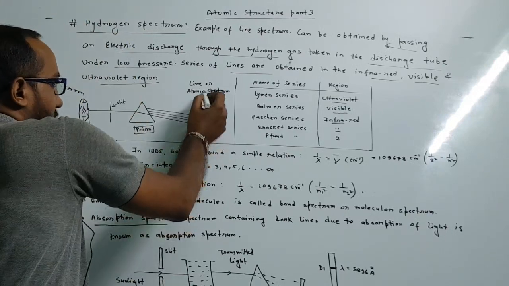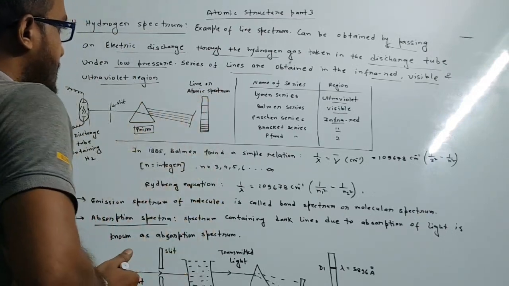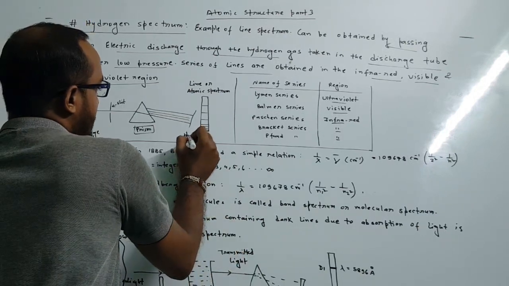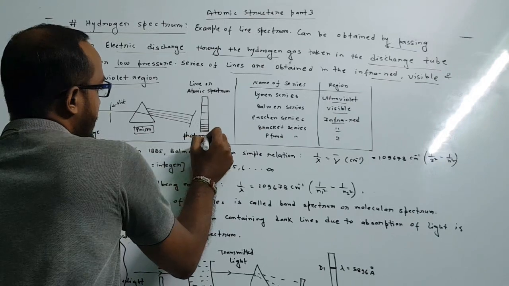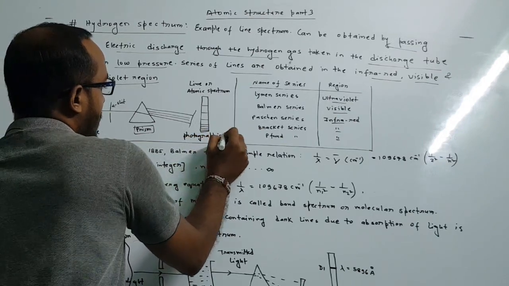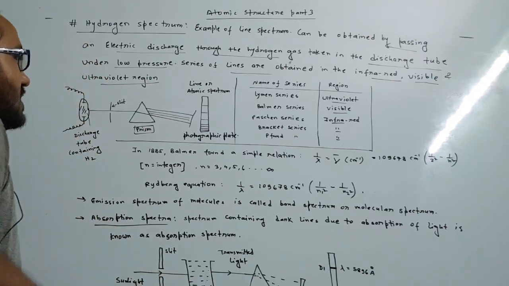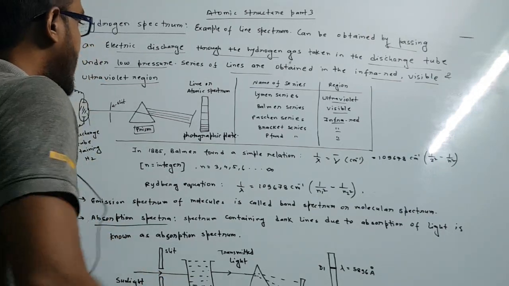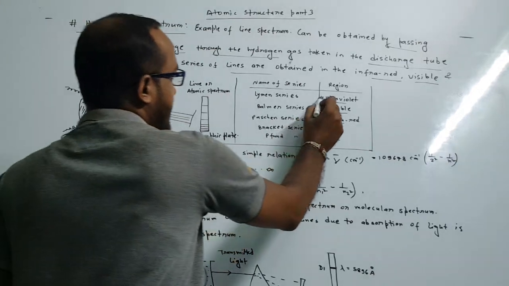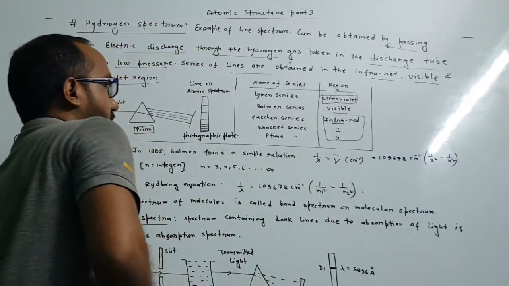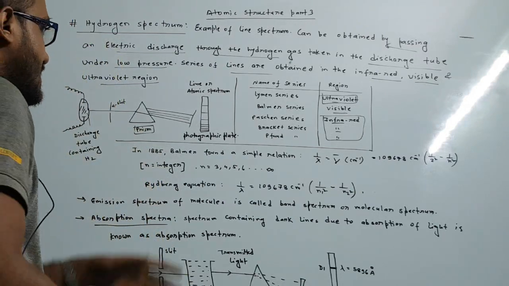Now this visible region, we can see in a photographic plate or spectrograph, and the rest, that is ultraviolet and infrared rays, can be seen by some special techniques.